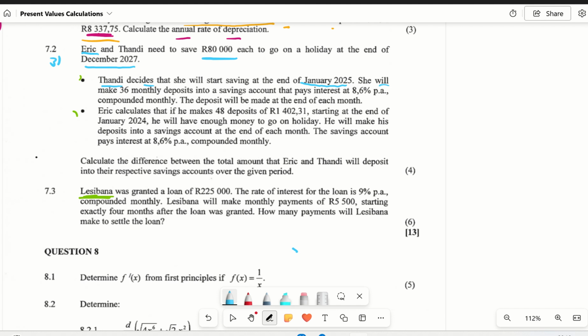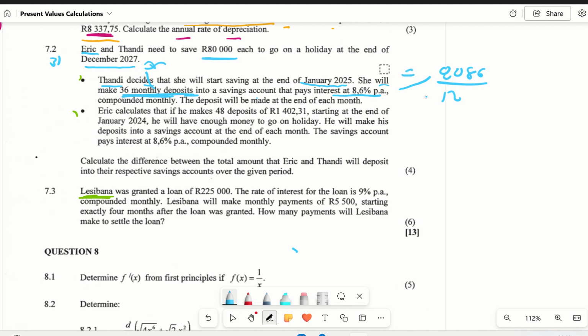She will make 36 monthly deposits, that's essentially X, into a savings account that pays interest at 8.6% per annum compounded monthly. So it's 0.086 over 12. That's our i.